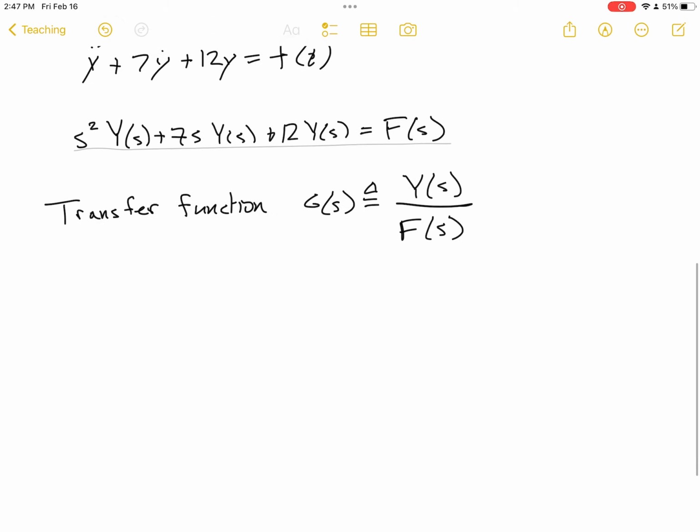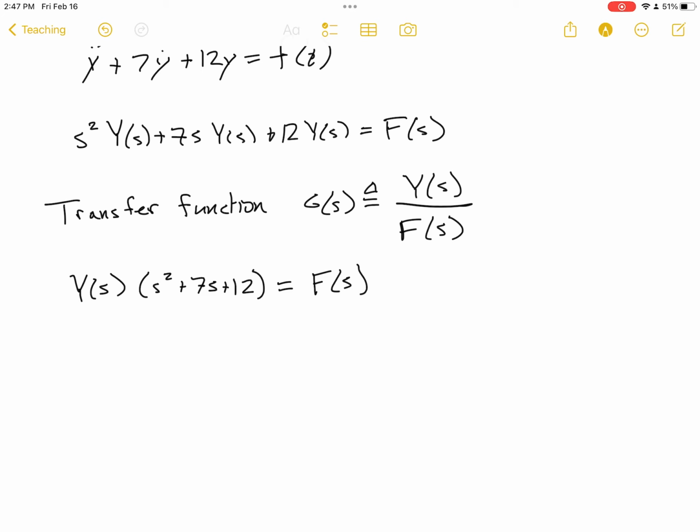So in this case, if we factor out Y of s, we're left with s squared plus 7s plus 12 times Y of s equals F of s. And if we're looking for the fraction Y of s over F of s equals G of s, that's going to equal 1 over s squared plus 7s plus 12.